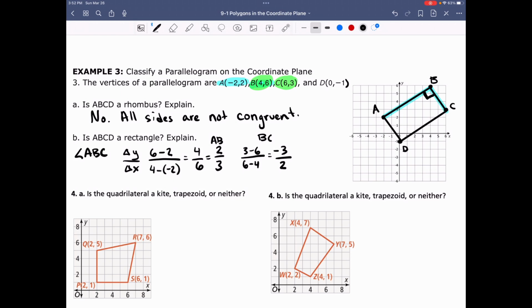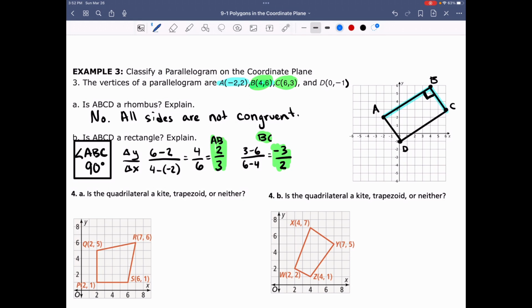Well, this slope is 2/3 and this slope is -3 over 2. So that is showing that they are negative reciprocals. So that means that this angle is 90 degrees. Angle ABC is 90 degrees because they're negative reciprocals.